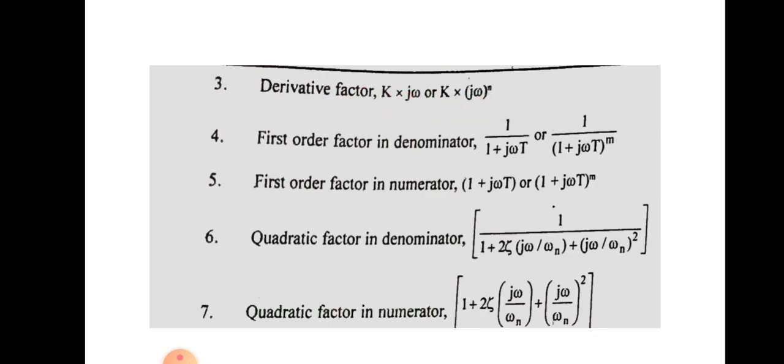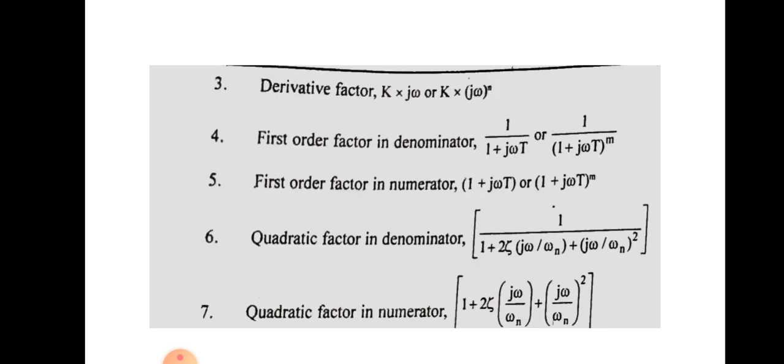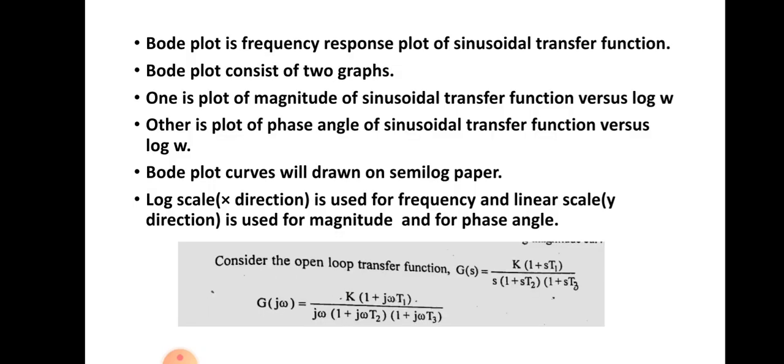Here there is no derivative factor like k into j omega; here the integral part is coming. And next is the first order factor in the denominator, which looks like 1 by 1 plus j omega t or 1 by 1 plus j omega t all raised to m. In this equation there is a term 1 divided by 1 plus j omega t2, and a term 1 divided by 1 plus j omega t3.